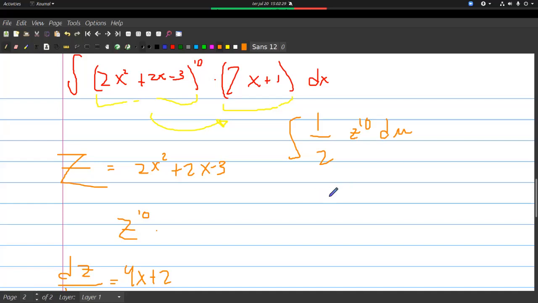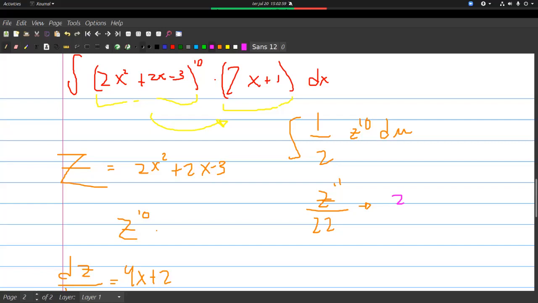And so what we do then is z to the 11th over 2 times 11, which is 22, which now we have to take back to x. My z looks like a 2. This is a z and this is a 2. Let me change the color because they are very similar.